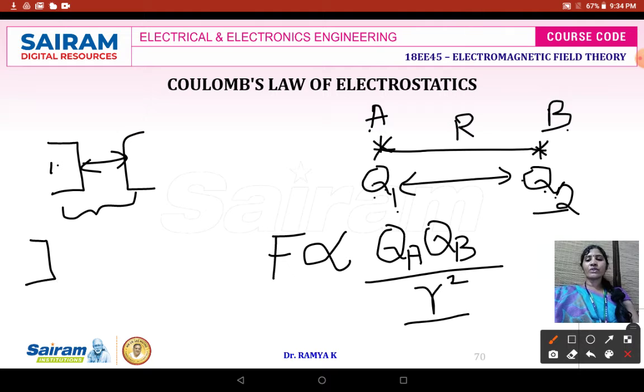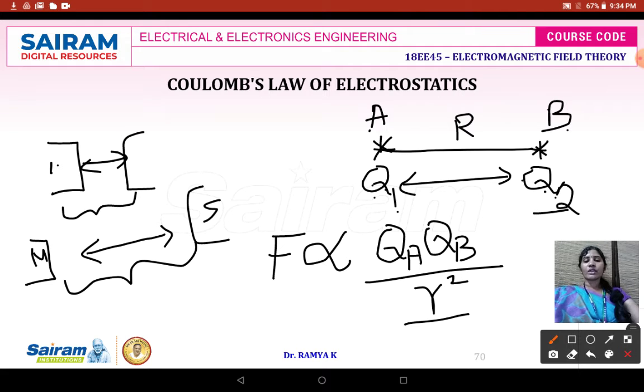As you move the magnets far away, the force of attraction or repulsion between them reduces. Therefore, the force between the two magnets gets reduced as the distance between them is increased. In the same way, when the two charges move apart, the distance gets elongated and therefore the force experienced gets reduced.